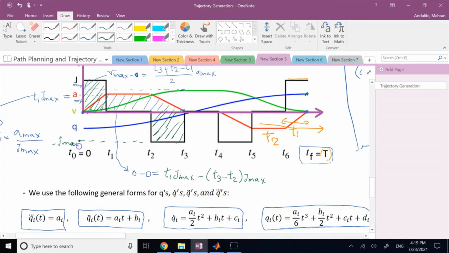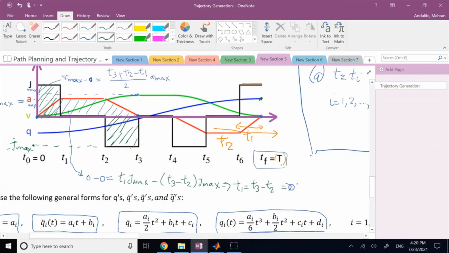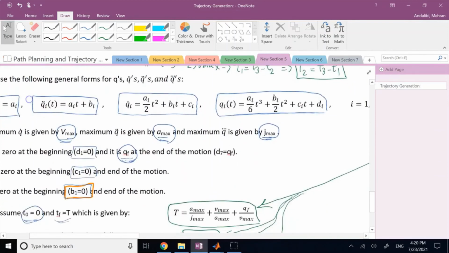I don't have to choose it that way, but if you do, it makes life a lot easier, makes your formulas a lot better. So clearly from here, since it's 0, your T1 has to be the same as T3 minus T2. And from here, clearly your T2 is T3 minus T1. So that's where I got this formula from.